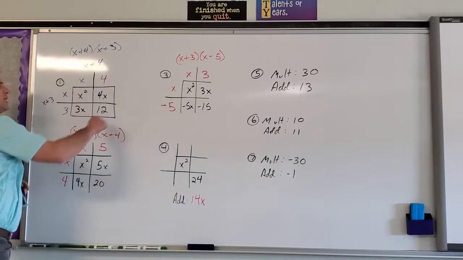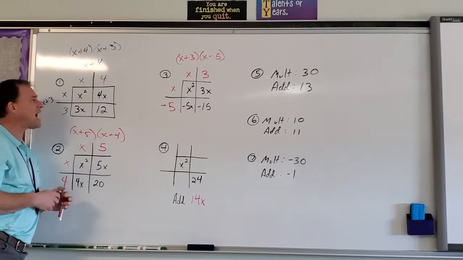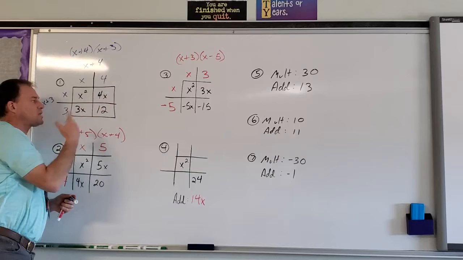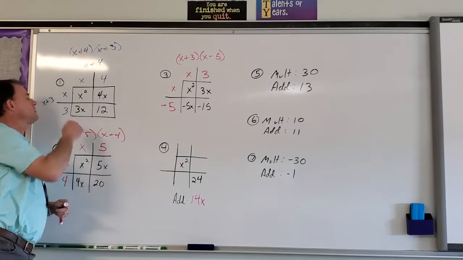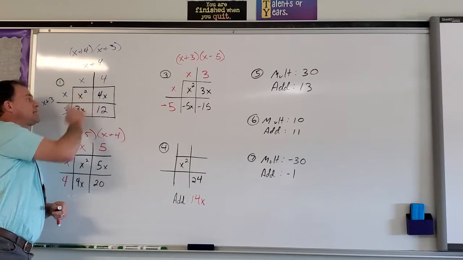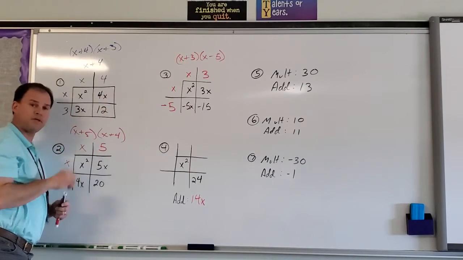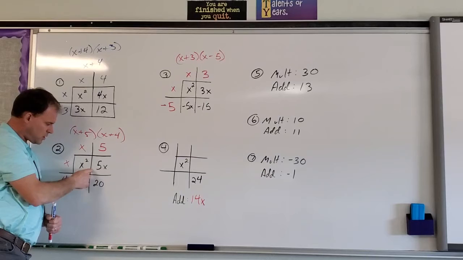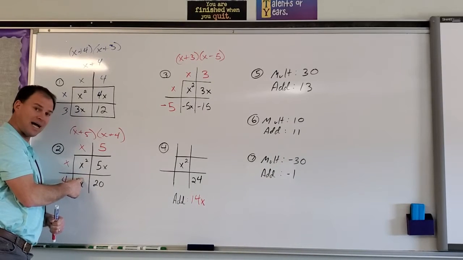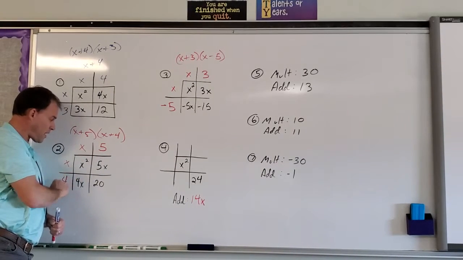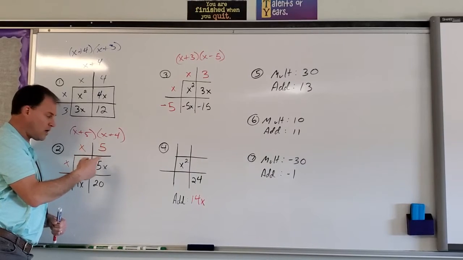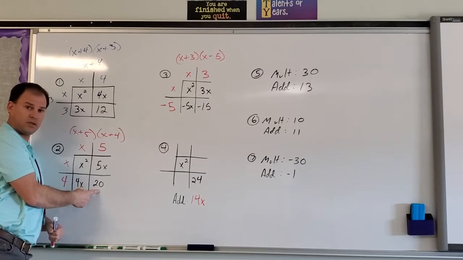But if I come back to these problems, I know that these two numbers added up to 7, because 3 and 4 add up to 7, but 3 and 4 also multiply to be 12. So here, these two added up to be 9, because the 5 out here and the 4 out here added up to be 9. But the 5 and the 4 also multiplied to be 20.